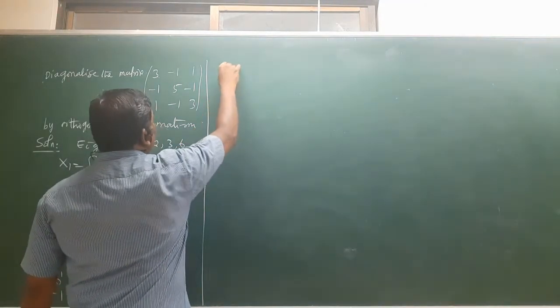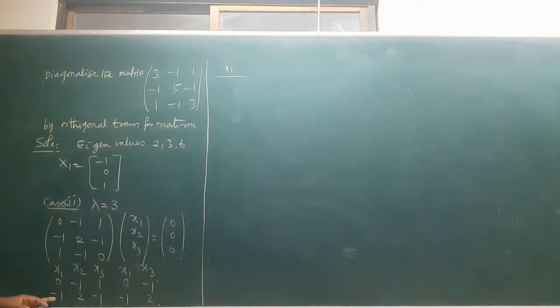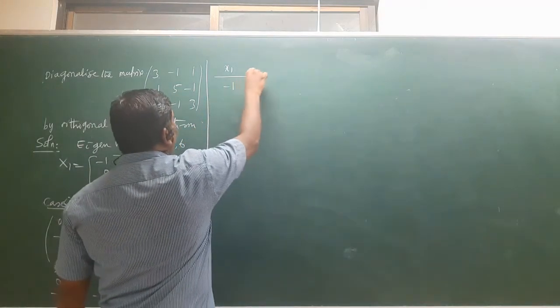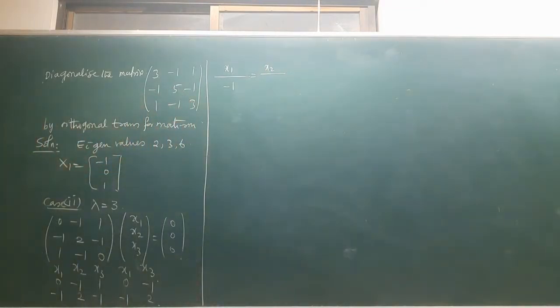So what is x1 here? To find x1, leave the x1 column, then multiply this, and we get 1 minus 2, minus 1. For x2, if you leave the x2 column, then we get minus 1.